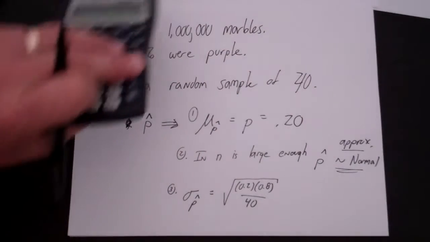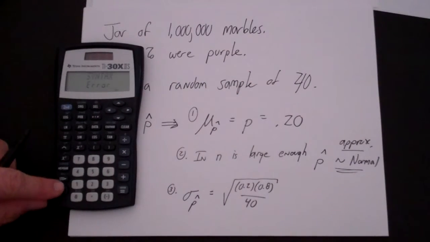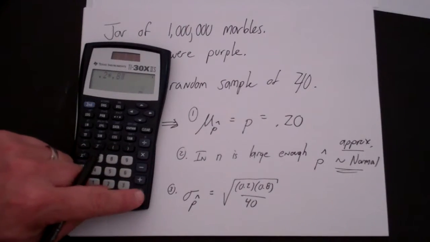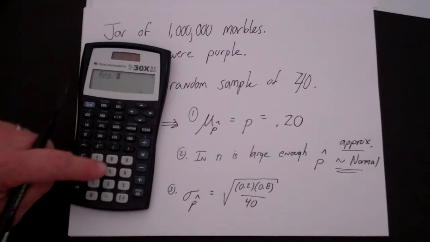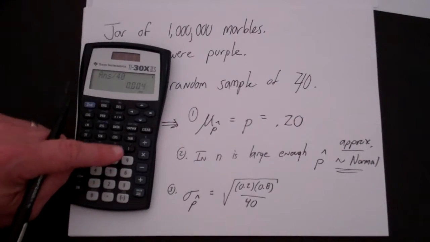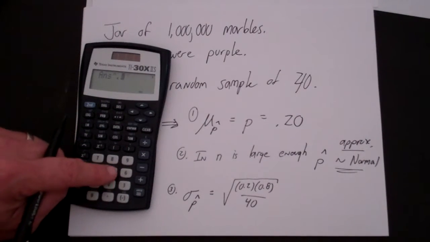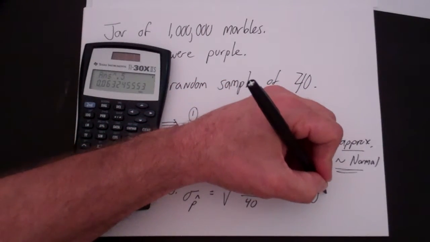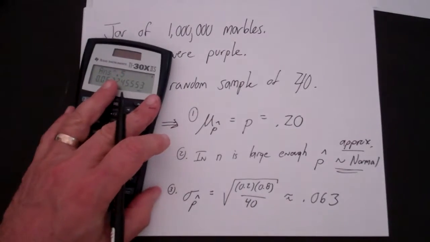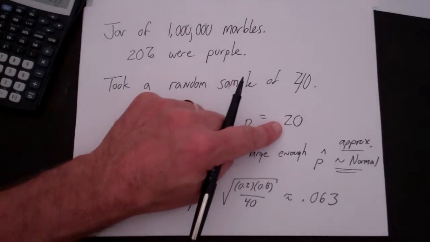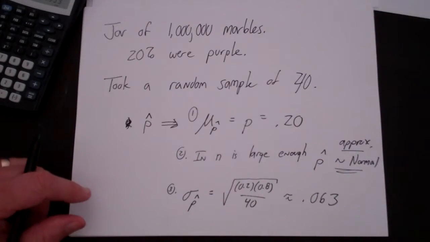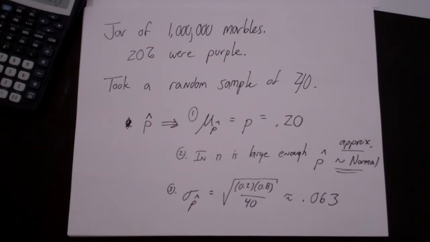Let's calculate that on our calculator: 0.2 times 0.8, divided by 40, and take the square root of that. You get about 0.063. So you get a mean of 0.2 and a standard deviation of 0.063, and those are the basic properties of the estimator p-hat.